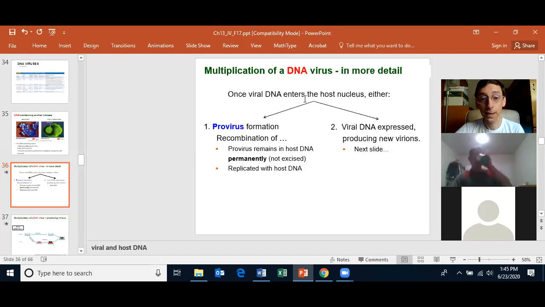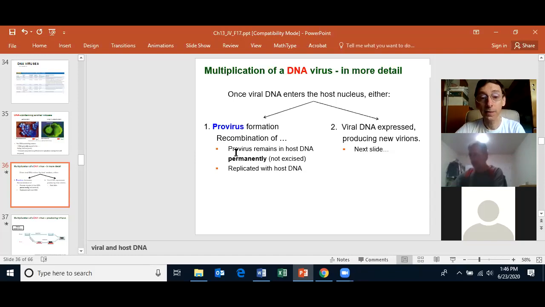So if the DNA enters the cell and then enters into the host cell's DNA, that viral DNA becomes a permanent copy of that host cell's DNA. It's never excised in an animal cell. And the viral DNA will be replicated when that host cell replicates its DNA and then goes through cell division.